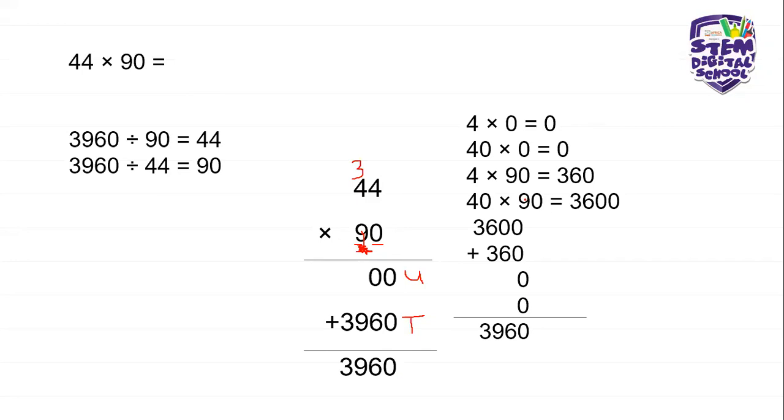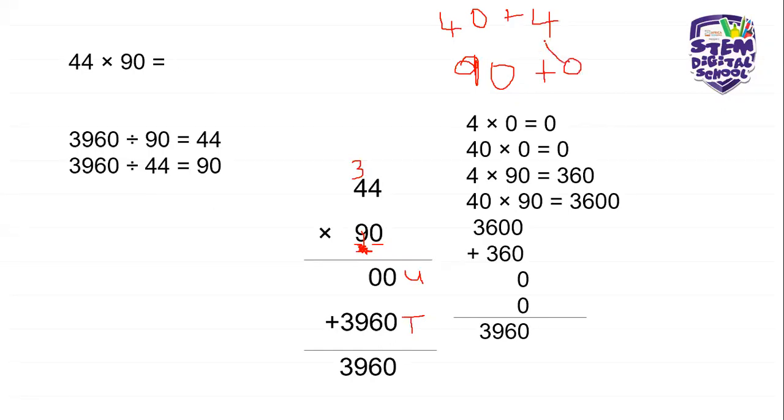Or we could do it the other way around. We break up the 40 and the 4, and we also break up the 90 and the 0.